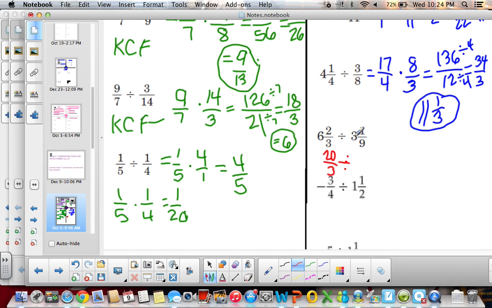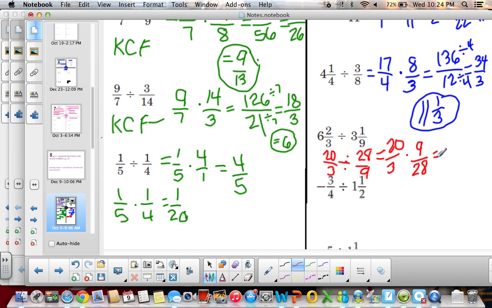So 9 times 3 is 27 plus 1 is 28 ninths. So now I'm going to rewrite it. 20 thirds times 9 over 28.